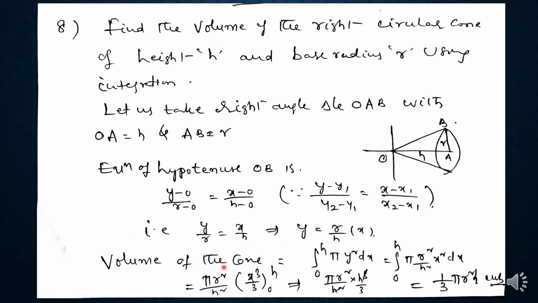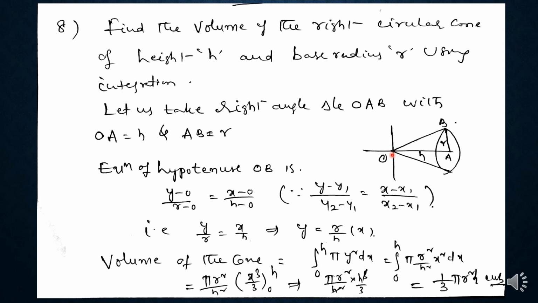So the volume of the cone is equal to the integral from a to b, that is from 0 to h, x equal to 0 to x equal to h. Here a point is h comma 0.